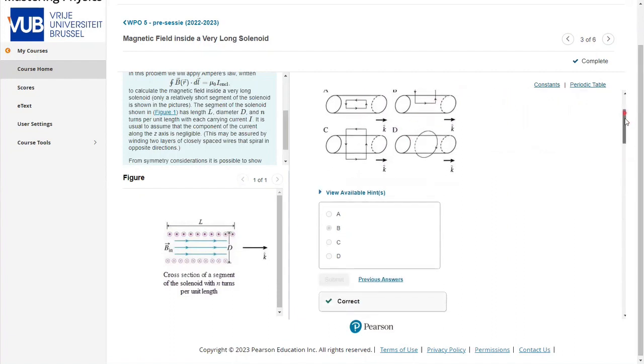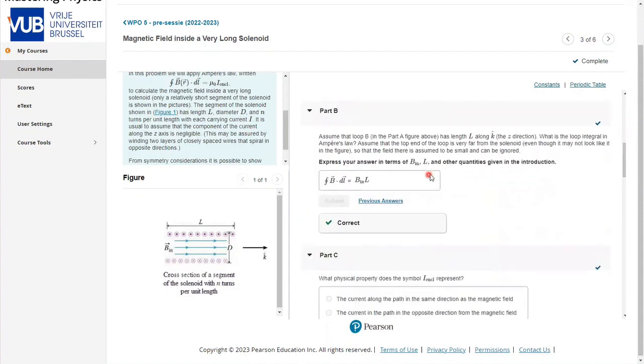So part B. They say, assume the loop B has a length L along k. What is the loop integral in Ampere's law? Assume that the top end of the loop is very far from the solenoid, even though it may not look like it in the figure, so that the field is assumed to be small.